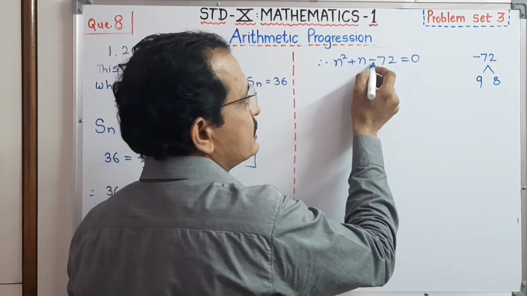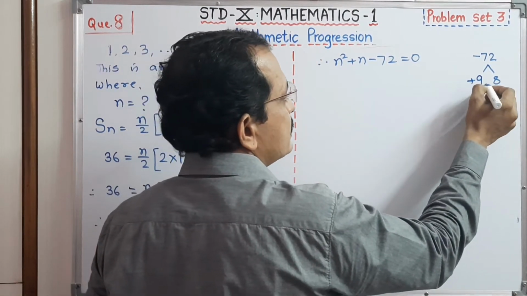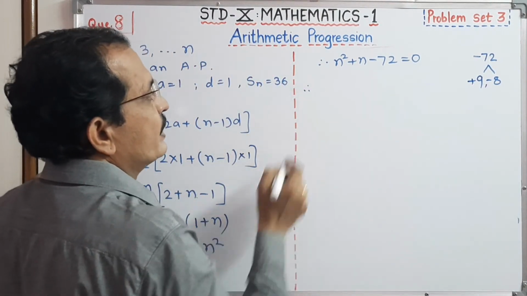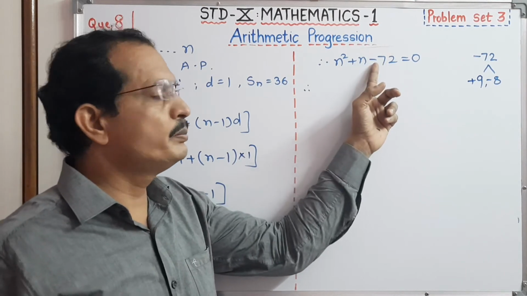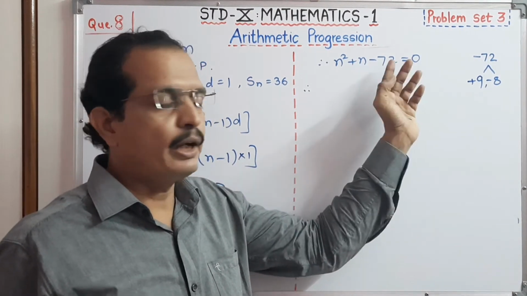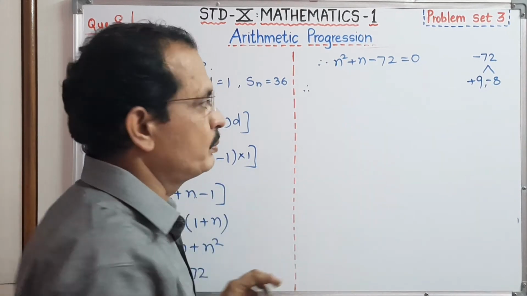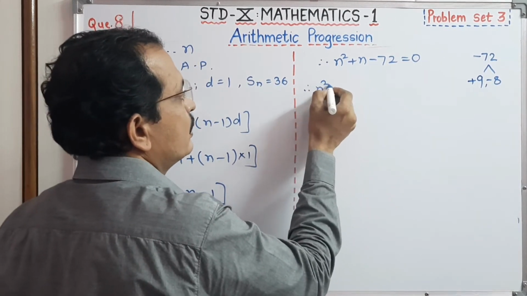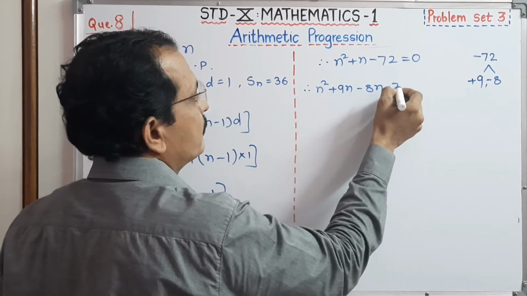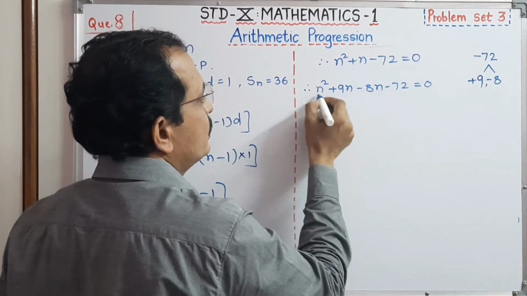The sign of the constant is minus, therefore the middle term is plus. If the sign of the constant term is minus, then we give the sign of the middle term to the bigger number and the opposite sign to the smaller number. Now see, n square plus 9n minus 8n minus 72 is equal to 0.